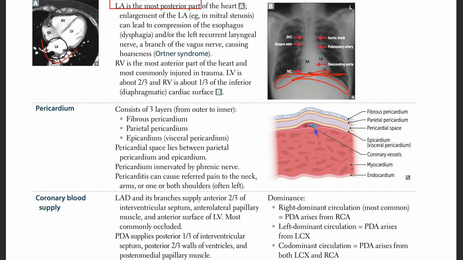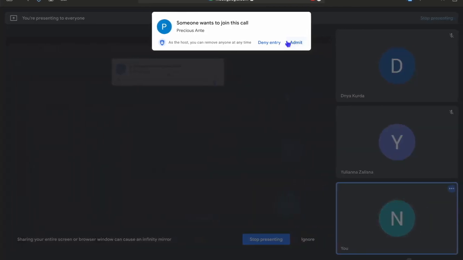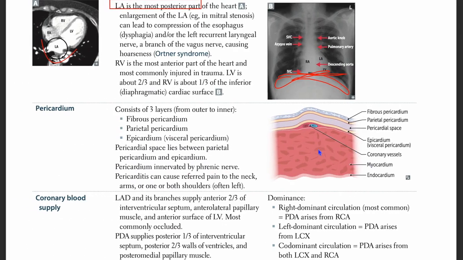You have the coronary vessels on the inside, between the myocardium and the epicardium, right? The pericardium has 2 layers basically, with a space: the fibrous and the parietal pericardium.